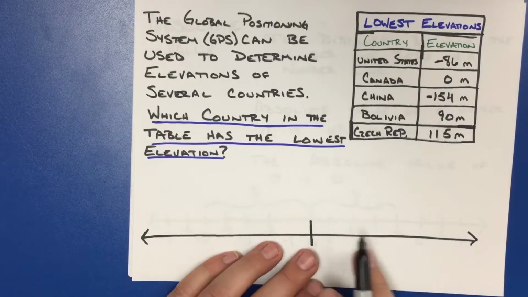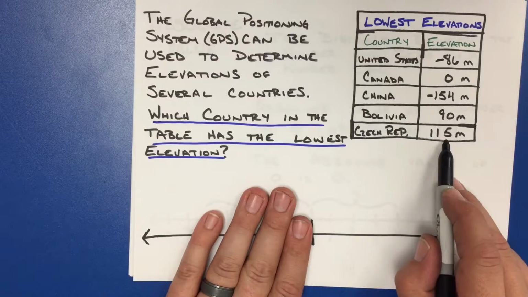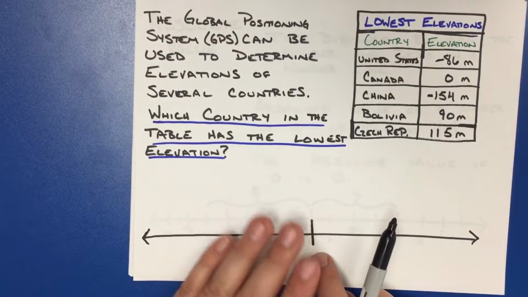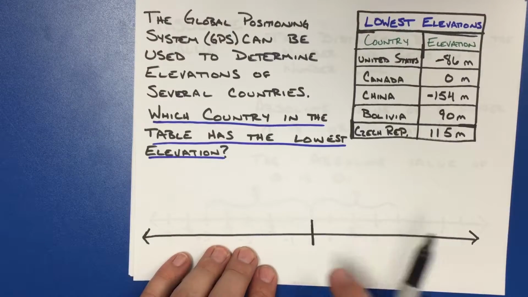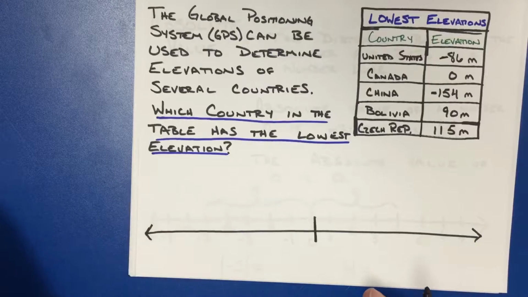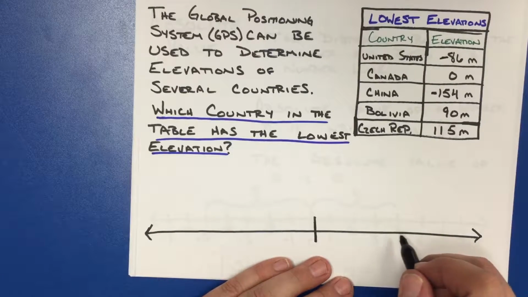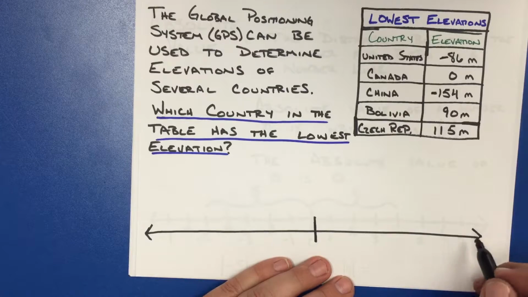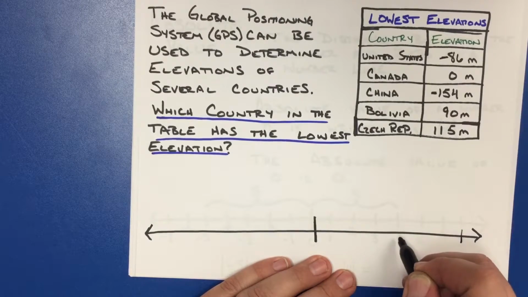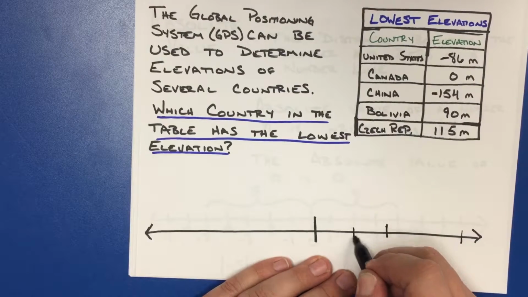On the positive side, I've got to make sure that I go past 115. On the left side, the negative side, I've got to make sure that I go past 154. So I'm going to make both of these go all the way up to 200. And so here I go. You don't have to write 200 different hash marks.